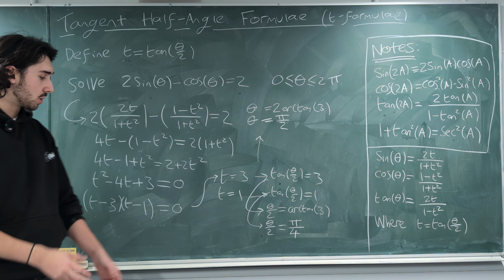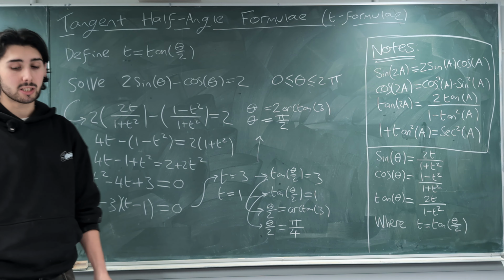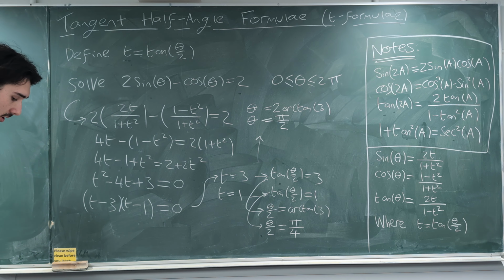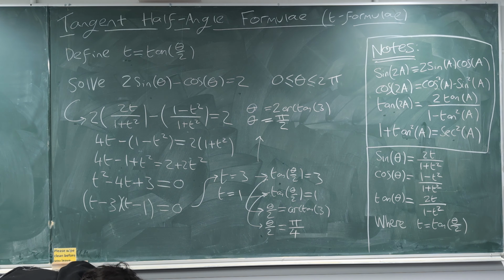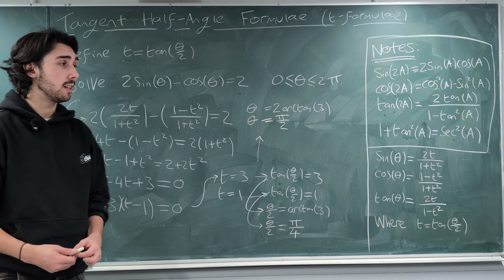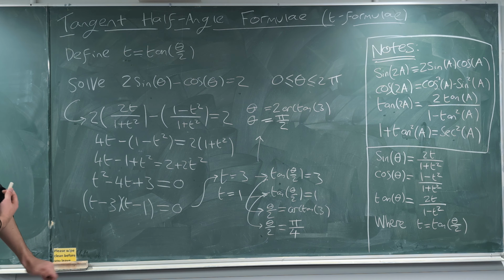The last thing that I'll say about the t-formulae is that you do have to be slightly careful. When we were deriving these, we did a cheeky little bit of dividing.